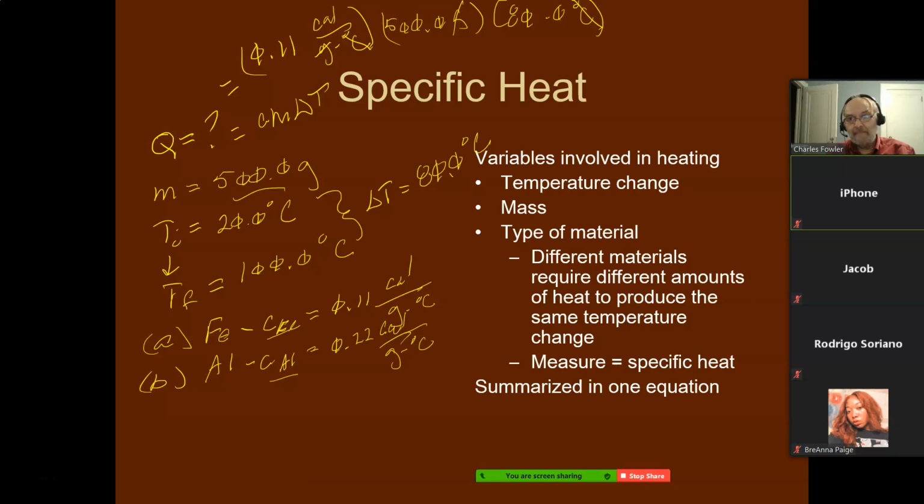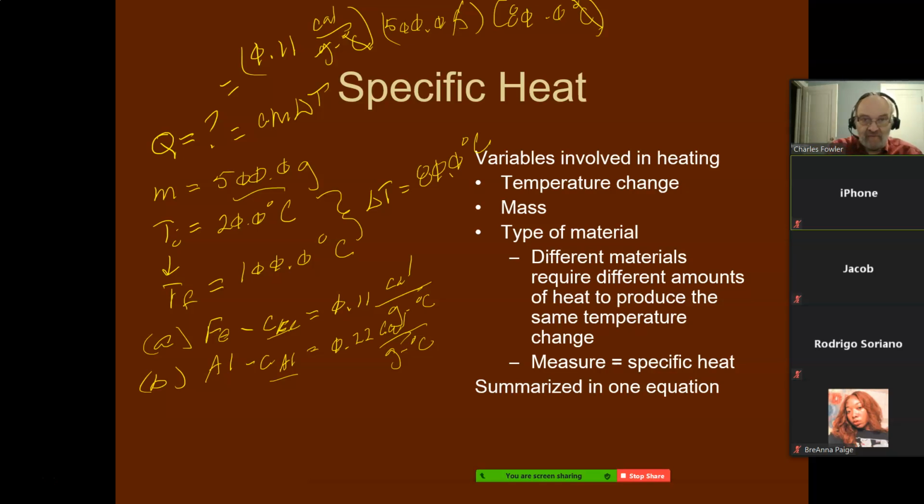Okay. So that's 0.11 times 500 times 80 equals 4,400 calories.